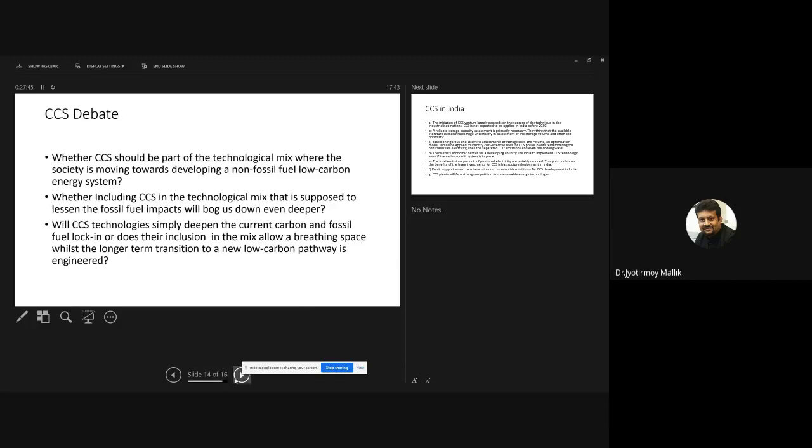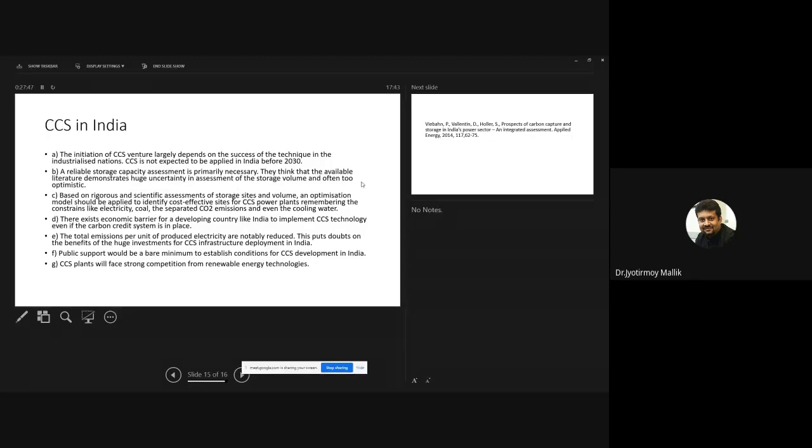Okay, if I give you a nutshell, what is the scenario in India? The initiation of CCS ventures largely depends on the success of the techniques in these industrialized nations. So the first world countries have to show the path. Then perhaps India will take it seriously. CCS is not expected to be applied in India before 2030.